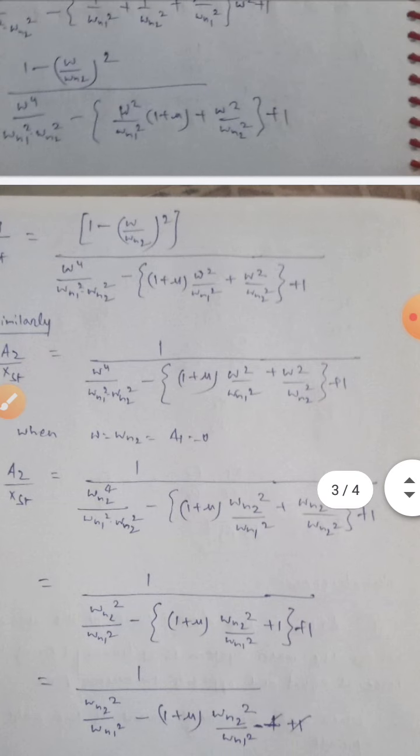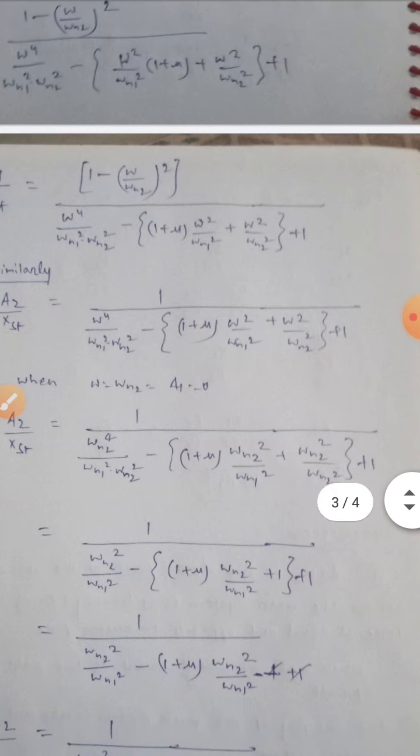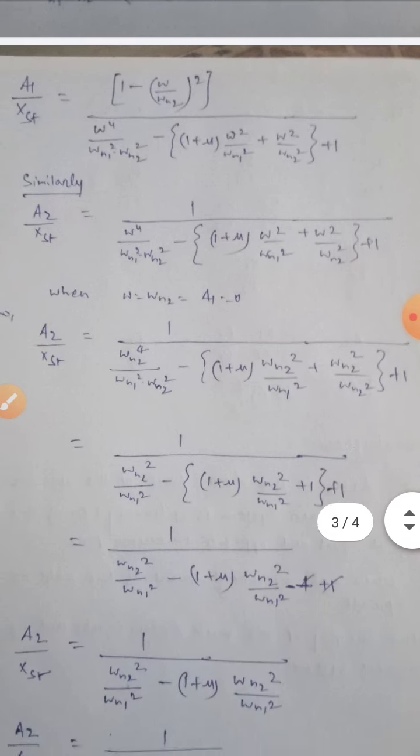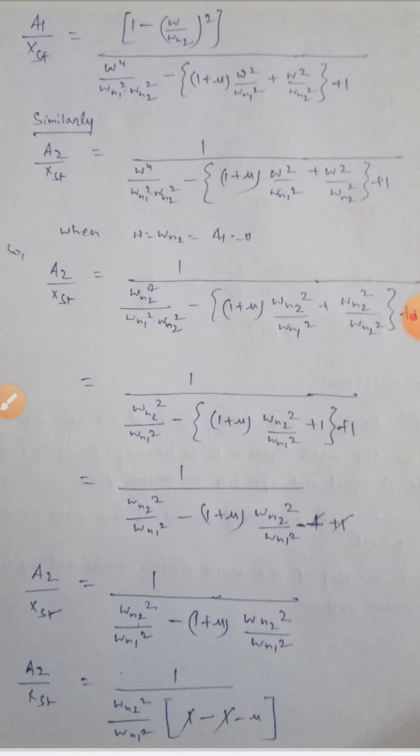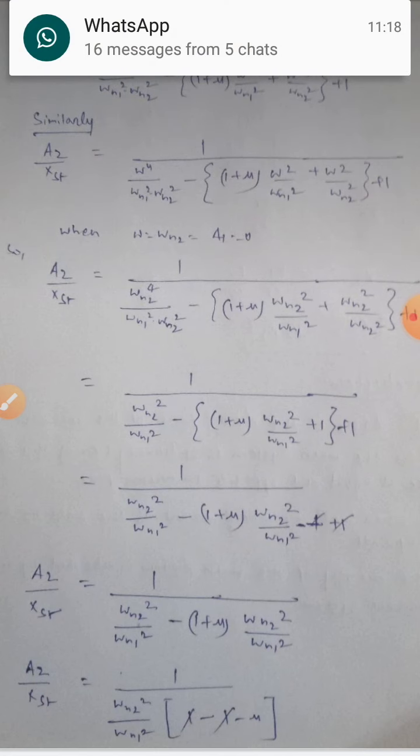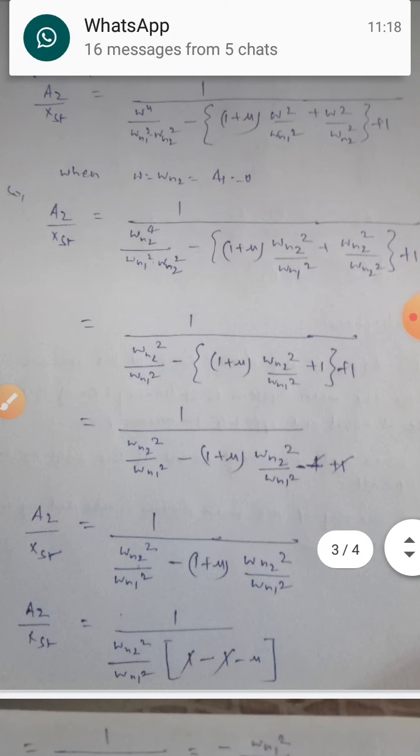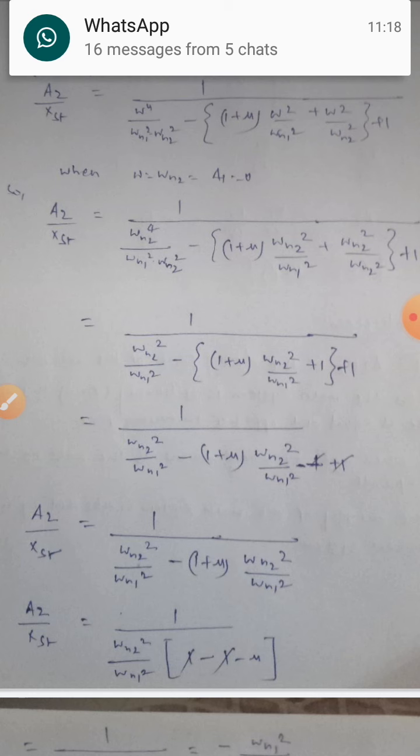Similarly, put the value of omega equal to omega n2 and simplify. After simplifying, by taking the common, we get omega n2 upon omega n square minus 1 plus mu omega n2 square upon omega n square. Now again take the common omega n2 upon omega n square in both, so we will get 1 minus 1 minus mu.